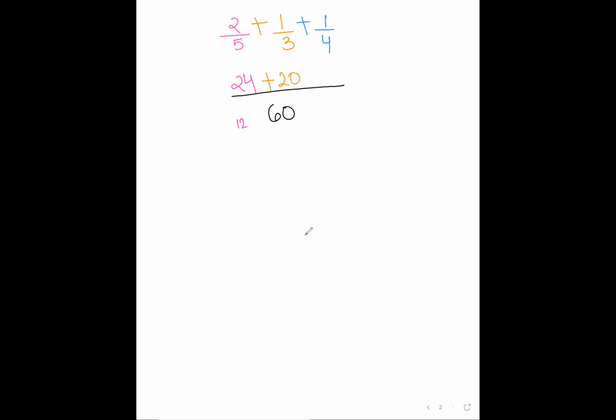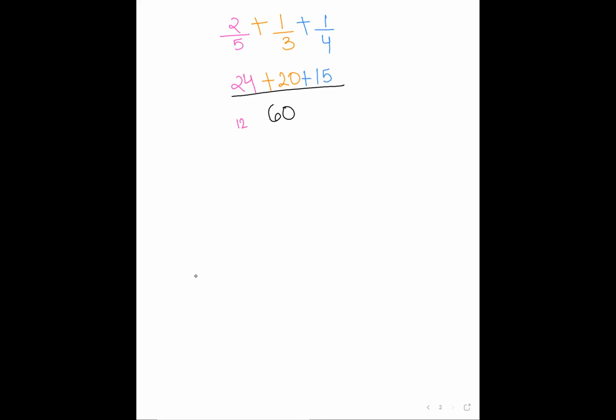Very good. And then 4 multiplied by 15 will be 60. Sorry, 15 by 60. Very good.